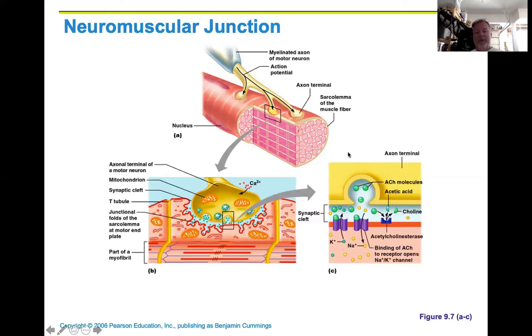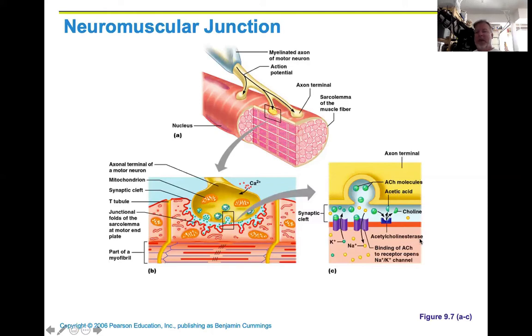Now, by the way, the ACH just can't stay there. If it stayed there the whole time, that would keep these things open all the time. And that means you'd have like a cramp. So ACH bound to ACH receptors are quickly destroyed by an enzyme called acetylcholine esterase. There's the word right there, acetylcholine esterase. ACE means it's an enzyme.